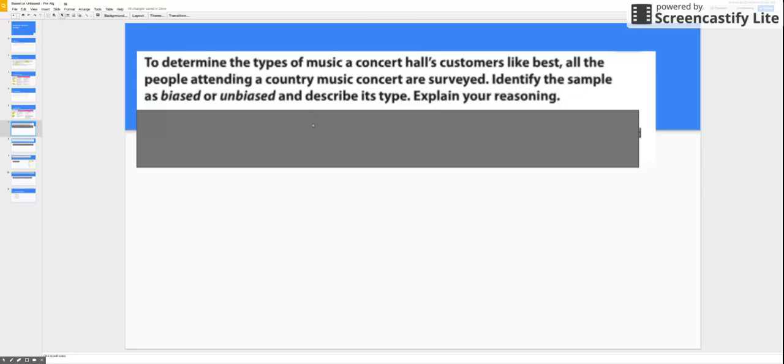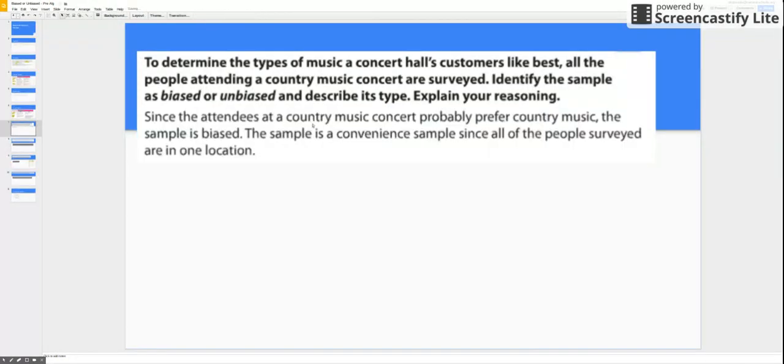Obviously, they're going to say that country is their favorite, because they're at a country music concert. So for the most part, this is biased. This is an example of a convenience sample. You're just sampling them because it's convenient to do so. Since the attendees at a country music concert probably like country music, the sample is biased. The sample is a convenience sample since all the people surveyed are in one location.